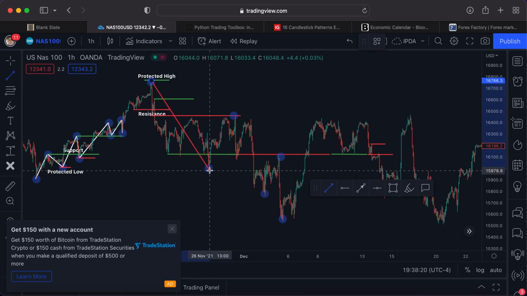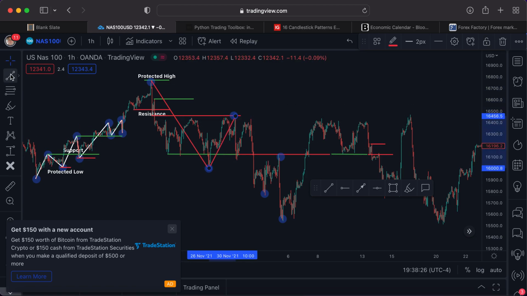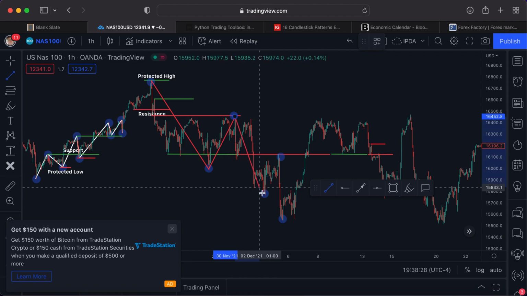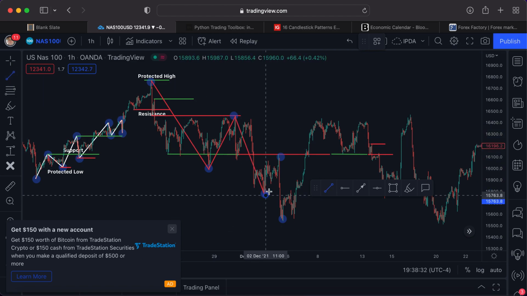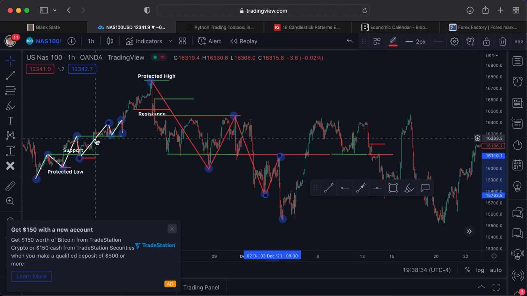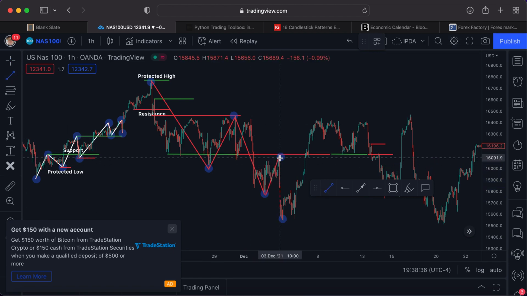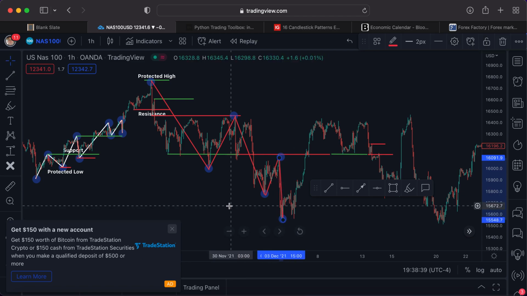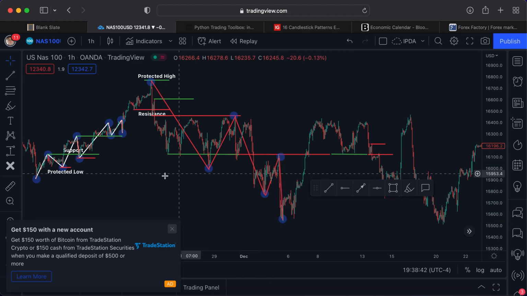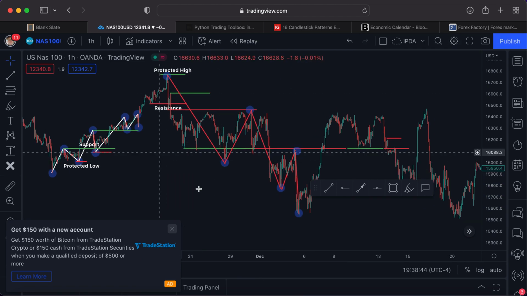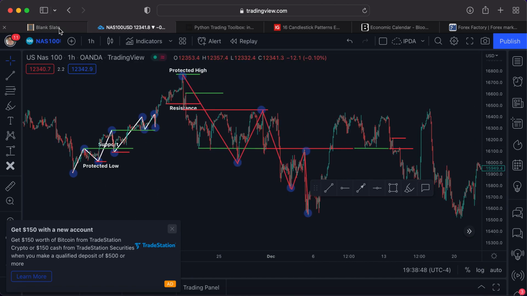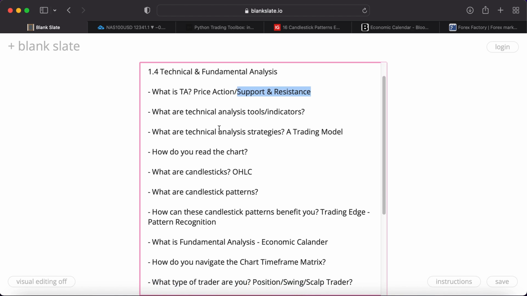This helps you give a sense, though, overall of where the market is going. And so our goal is to follow this trend every single time by reading the price action inside of that trend. So let's keep moving on here.